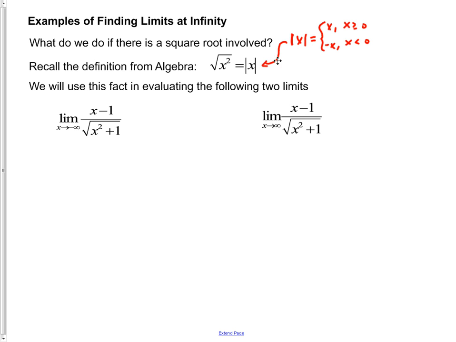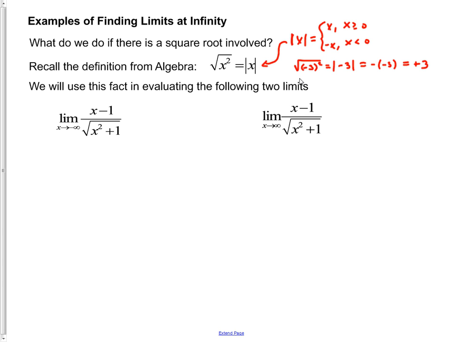So when we say absolute value of x, the square root of x squared acts that way. If we put in the square root of negative 3 squared, it's the equivalent of taking the absolute value of negative 3, which is to say the opposite of negative 3, algebraically, and that's positive 3.